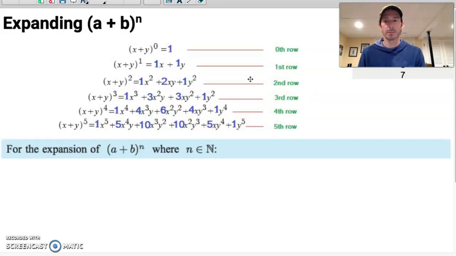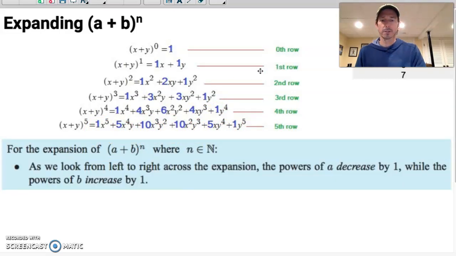A couple things to keep in mind as we look at expanding (a plus b) to the n, a and b being anything, n being any power. The n is going to represent what this power is here, and notice that whatever n is, we can look to that row of the triangle to get our blue coefficients. A couple things to notice as we go from left to right: the powers of a, the terms in the front, all decrease by 1.